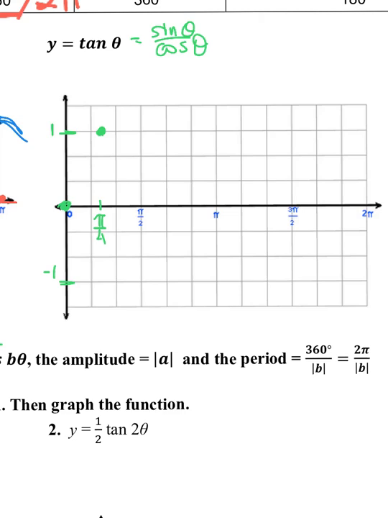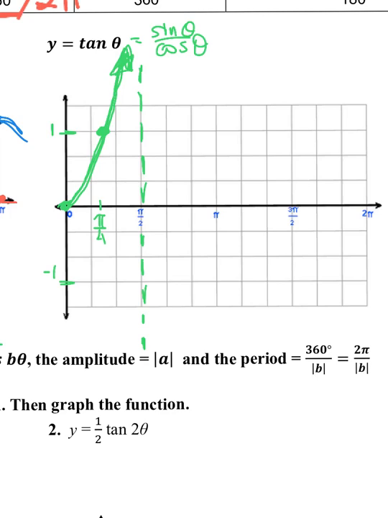So actually that is undefined, giving us an asymptote. So we're going to draw a dotted or dashed vertical line at pi over 2. And this graph will actually approach that asymptote towards positive infinity. And this is why tangent has no amplitude.